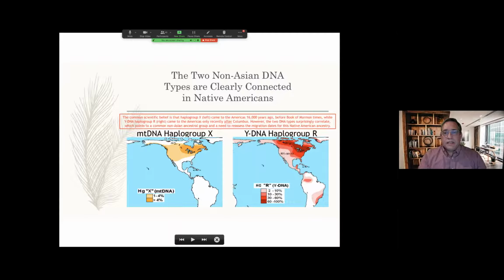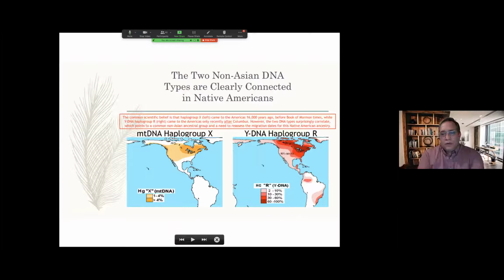Now, the general scientific community, the non-members, they explain this by saying, well, the one on the left there, haplogroup X, that came 16,000 years ago. We think that was way before the Book of Mormon times. But then on the right, they say the Y-DNA haplogroup R, that came after Columbus.